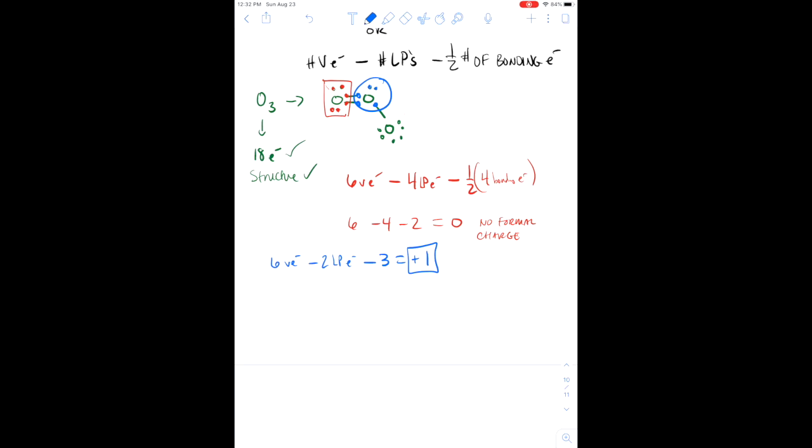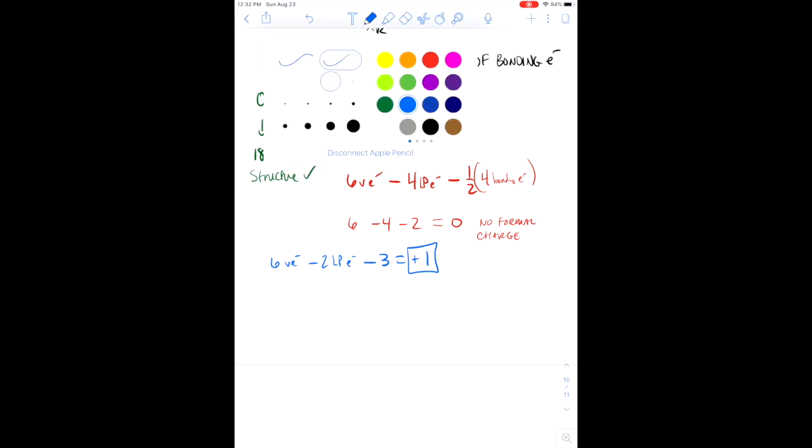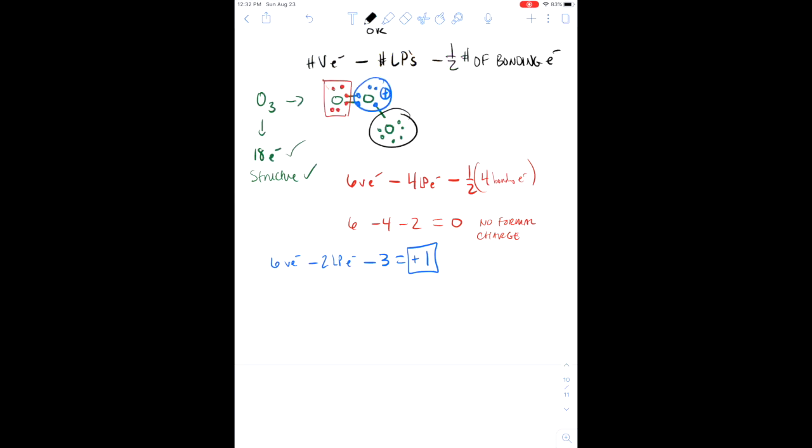And then we get positive 1. So that oxygen has a +1 formal charge. That's because it's lacking one of the electrons. It has 5 electrons around it, and it usually wants to come in with 6, right? So lacking 1 gives a +1 charge.